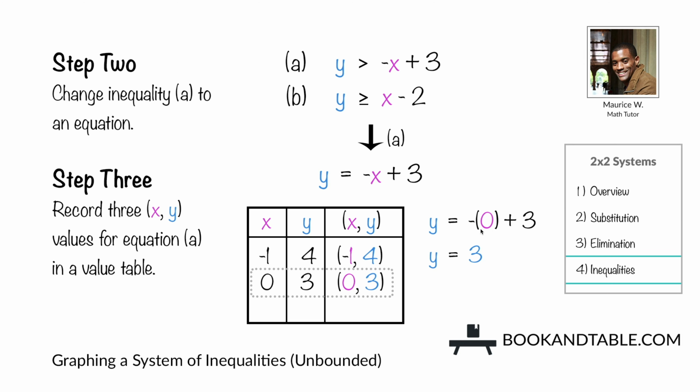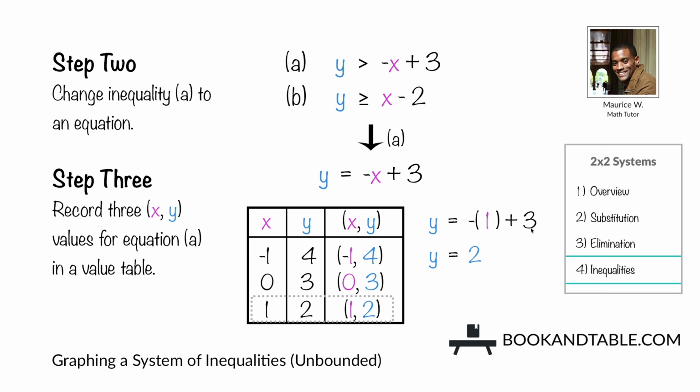So that's 1 point on that line. We repeat this for where x is 0. Negative 1 times 0 is 0. Plus 3 would give us 3 for our y. So when x is 0, y is 3. So 0, 3 is another coordinate on this line. And now we find one more point along this line when the x coordinate is 1, giving us y is equal to negative 1 times 1, which is negative 1.